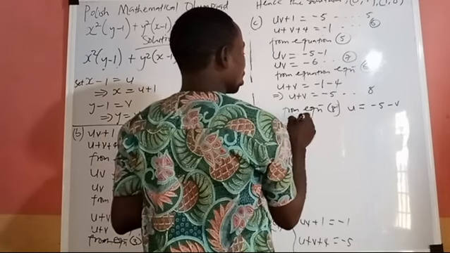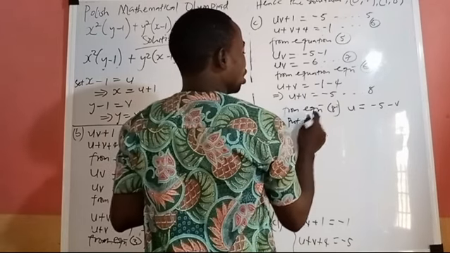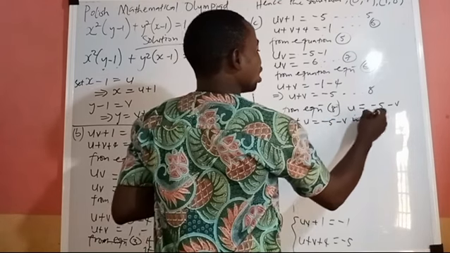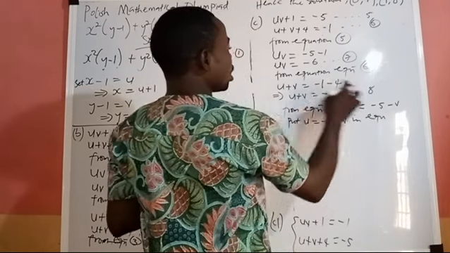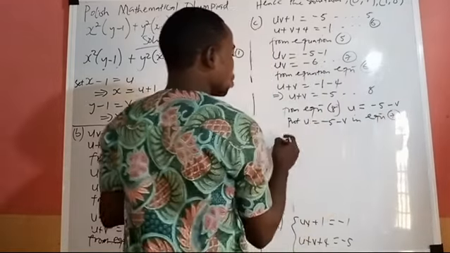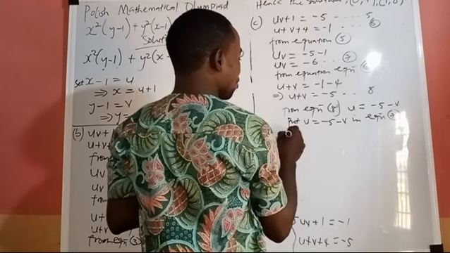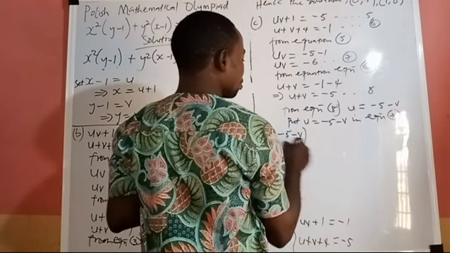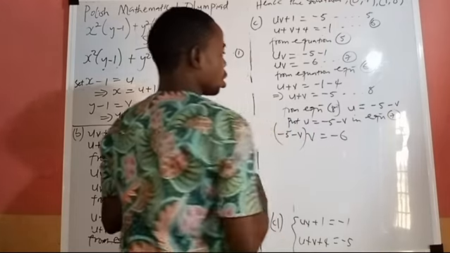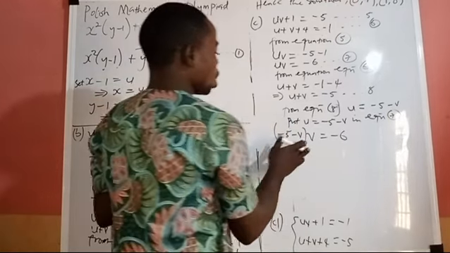Now put u equals minus 5 minus v in equation 7. So if we put it right there, we have that minus 5 minus v all multiplied by v is equal to minus 6. So what are we going to do next? We just multiply it through.